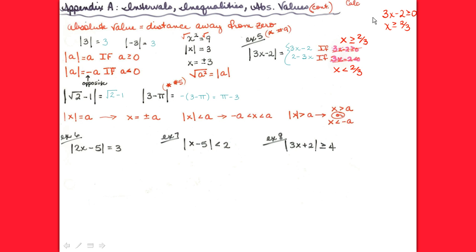So add 2 to both sides and divide by 3. And that'll tell you what x needs to be. And so then I can replace the equation with just the single value of x, and that makes it a lot easier to read. So that's going to be like homework problem number 9. That's how I can express an absolute value as a piecewise defined function and get rid of my absolute value.